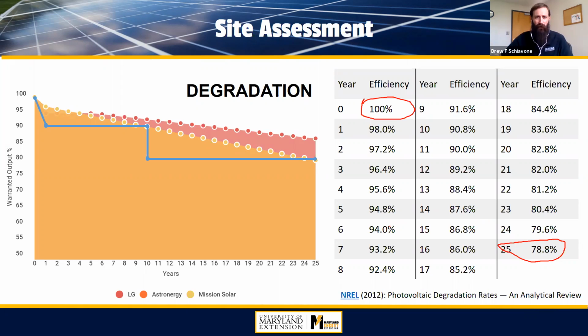But if for some reason you do drop below whatever your warranty specifies, let's say it dropped down to 79% after 25 years, they'd likely replace that panel, if that was how your warranty in fact read. But just know that the efficiency of any module will decline over time.